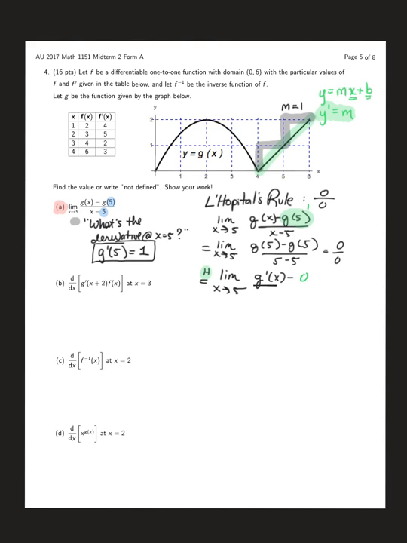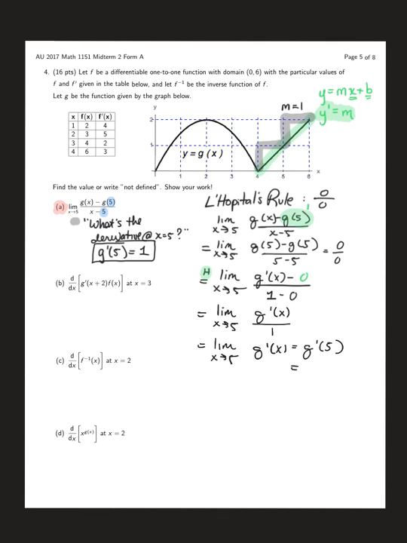Over the derivative of x minus 5. The derivative of x is 1, and the derivative of 5 is 0. So what I'm left with is the limit as x approaches 5 of g prime of x over 1, which is just the limit as x approaches 5 of g prime of x, which is g prime of 5.